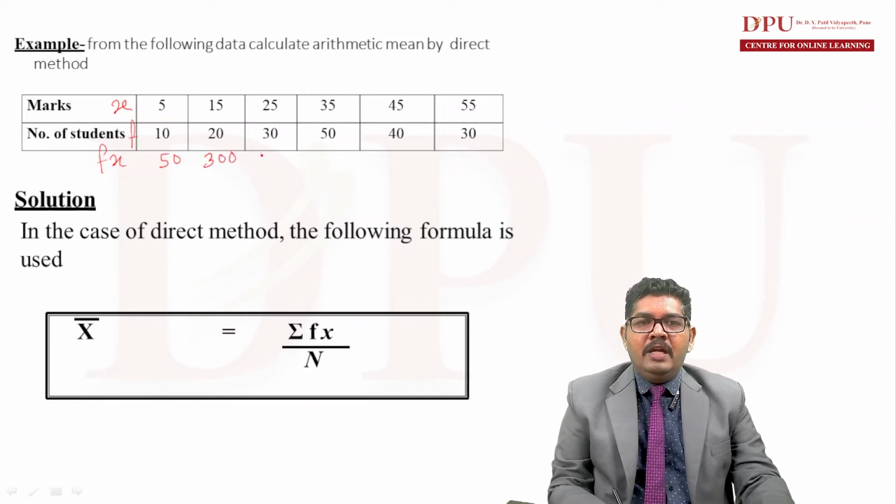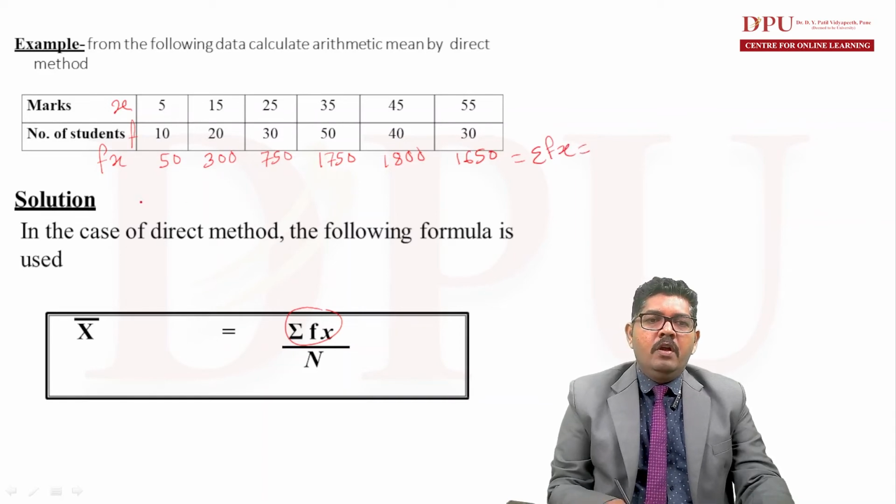Then 25 3s are 75, so this will be 750. 35 5s are 175, so 1750. 45 4s are 180, so 1800, and 55 3s are 165, so 1650. So these are the fx values, and we need summation of fx in the numerator, and the summation of frequency is n.